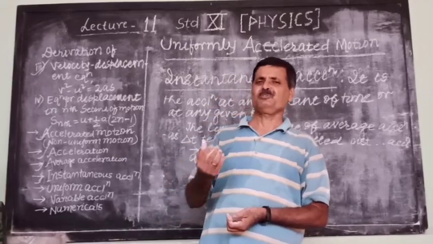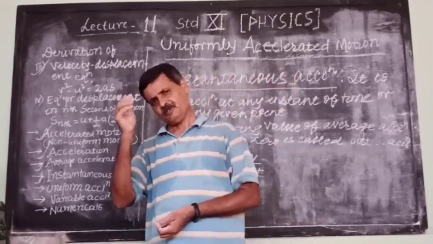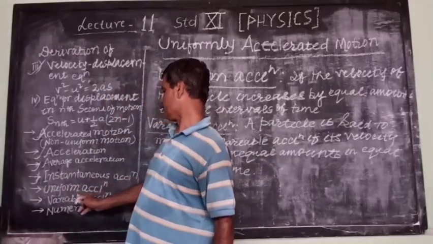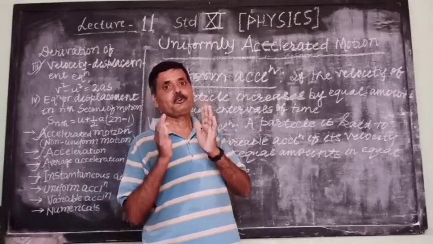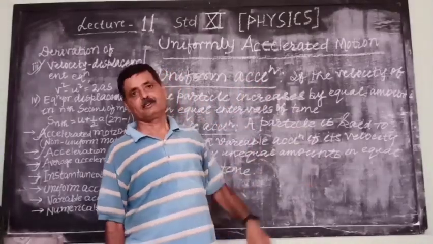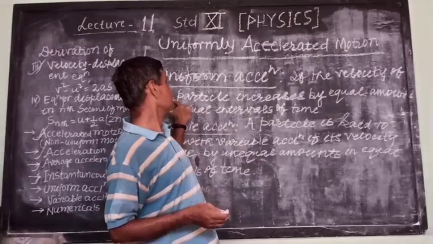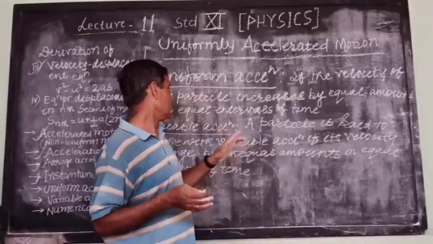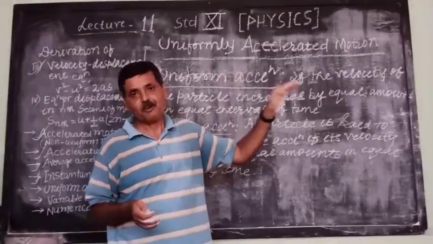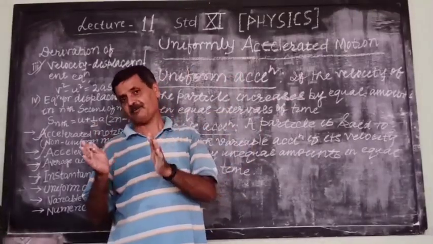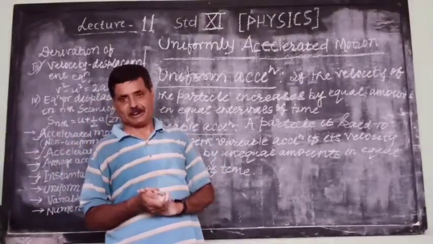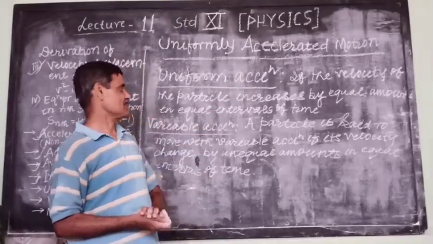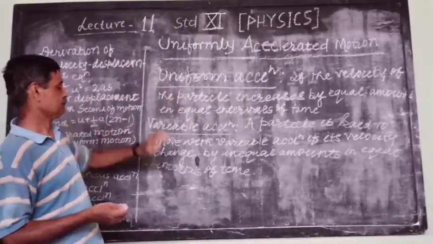It can be shown within 2 minutes. Uniform acceleration, only two: uniform and variable acceleration. Uniform acceleration: if the velocity of the particle increases by equal amounts in equal intervals of time, that is uniform acceleration.